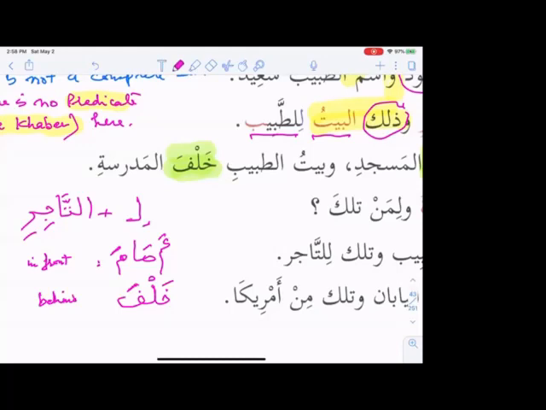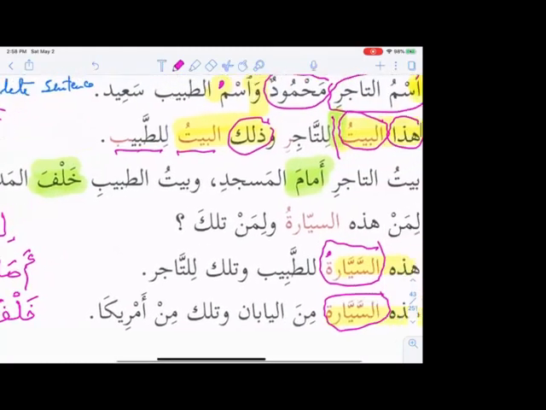Now, when the zarf comes, you have to remember, we have done it, but you will make yourself strong. After zarf will come mudaf ilayhi. And what is mudaf ilayhi? It is always majroor. It will end in kasra.